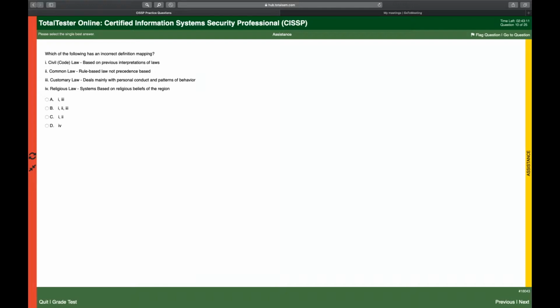Now, see, I thought common law was based on precedents. Civil law, I don't think it's based on previous interpretations. Man, I'm leaning towards Alpha or Bravo. Actually, I think I'm leaning towards Bravo.